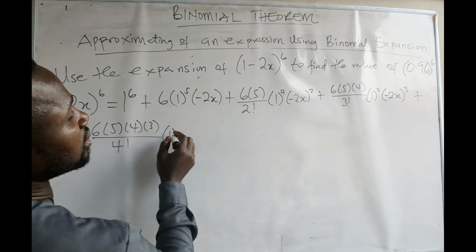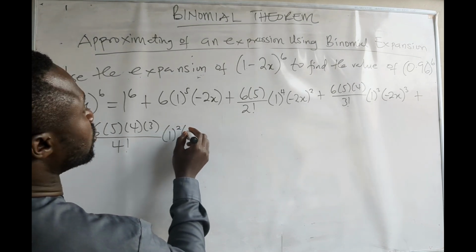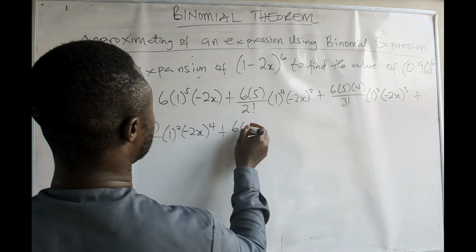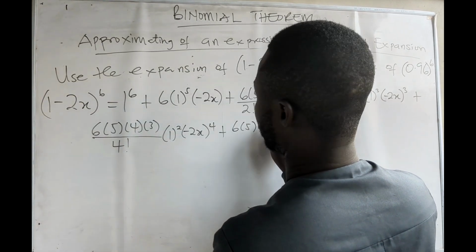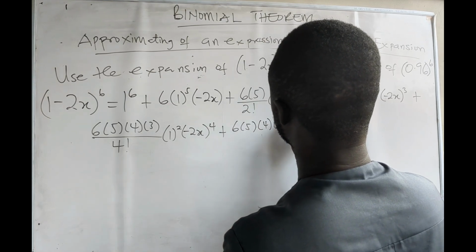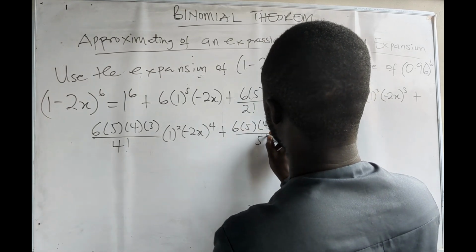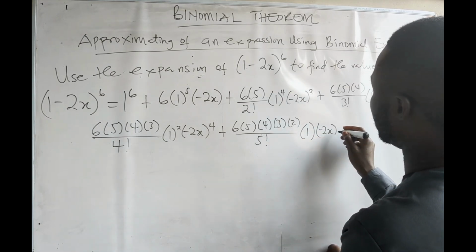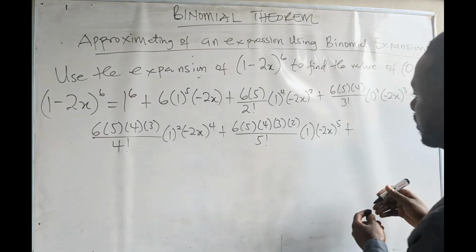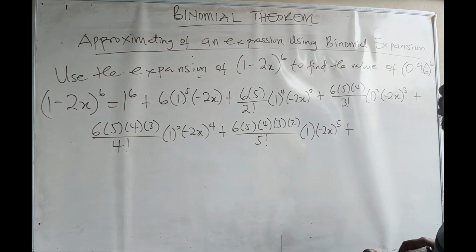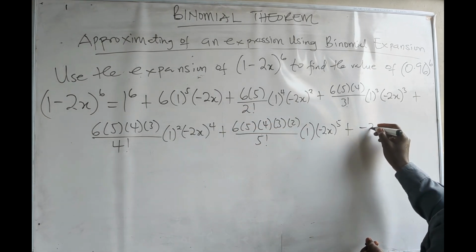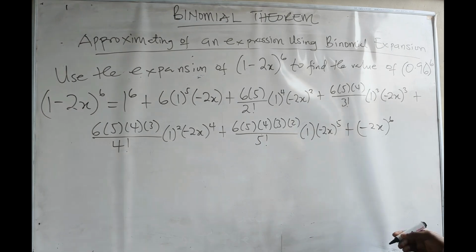1 exponent 2, negative 2x exponent 4, plus 6 times 5 times 4 times 3 times 2 over 5 factorial, 1 exponent 1, negative 2x exponent 5, plus 6 times 5 times 4 times 3 times 2 times 1 over 6 factorial, which will be the same as our last term, negative 2x exponent 6.